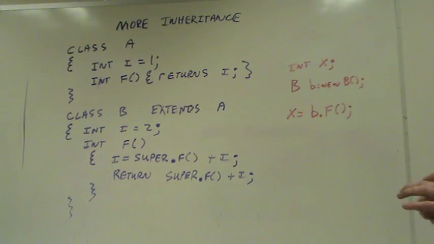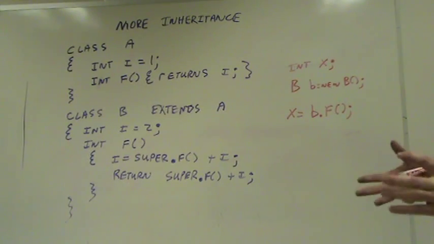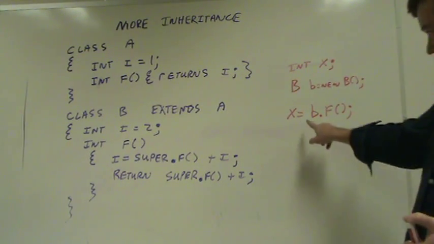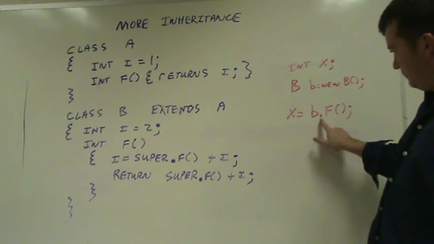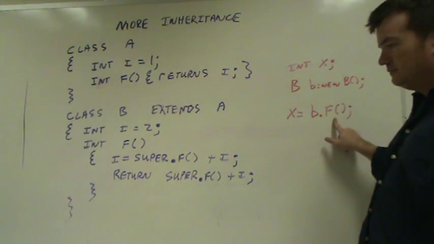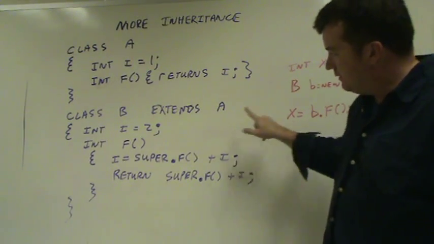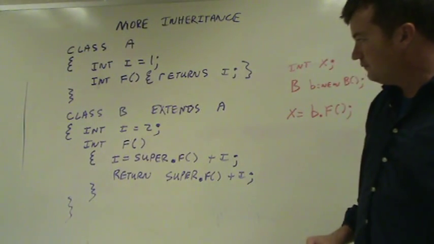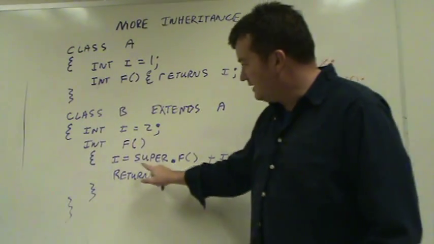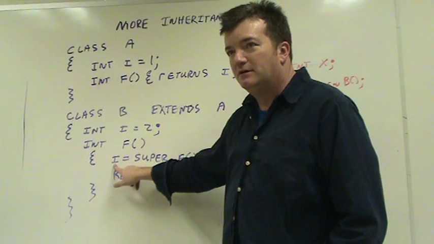So now, what does this return? We call object B's f function. That would be this function. What does it do? It takes the I field. Which I field?